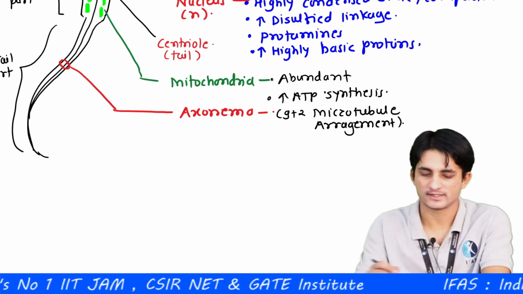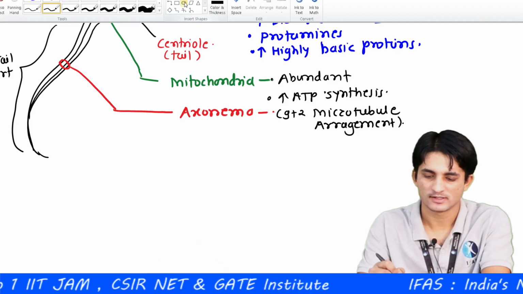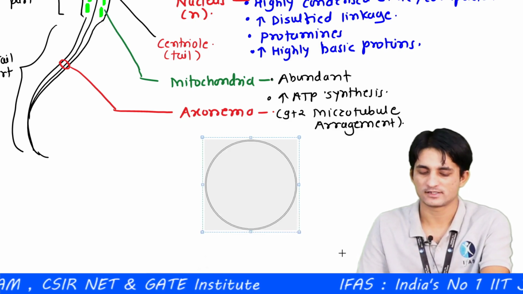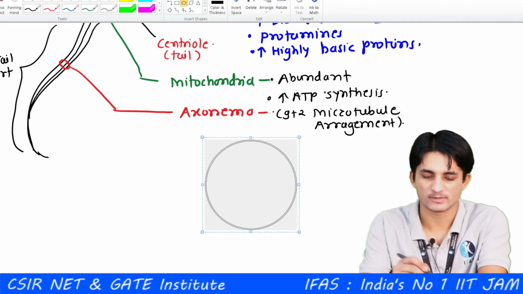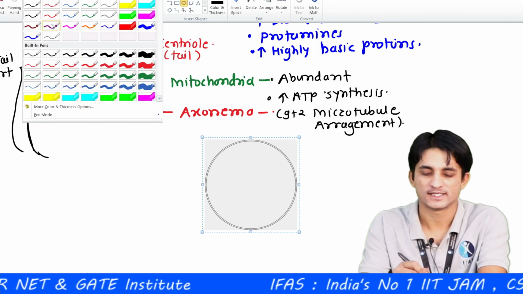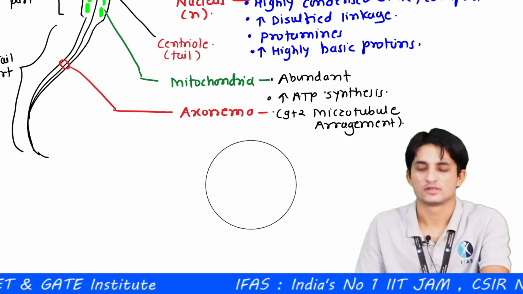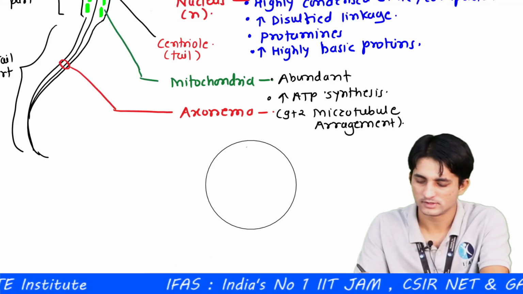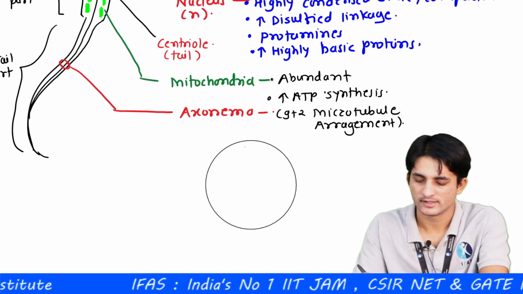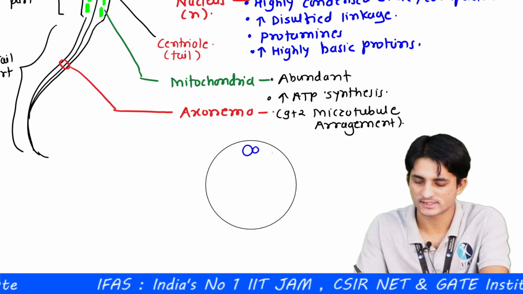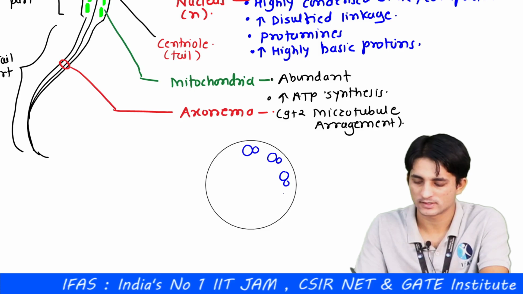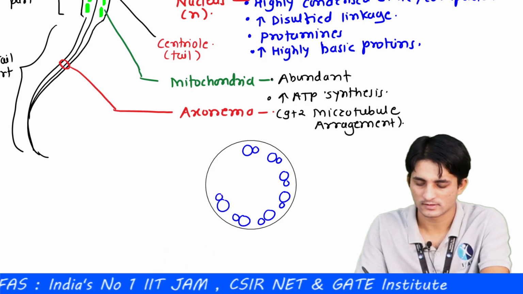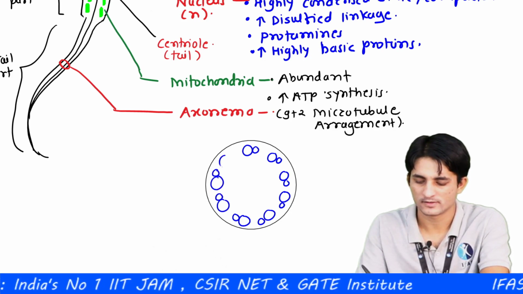This axonema is present, and if we discuss the axonema structure, how the tail is formed: in the axonema structure, in the surrounding there is the presence of doublets. So 9 doublets are present in the surrounding. This is first, second, third, fourth, fifth, sixth, 7, 8, 9.